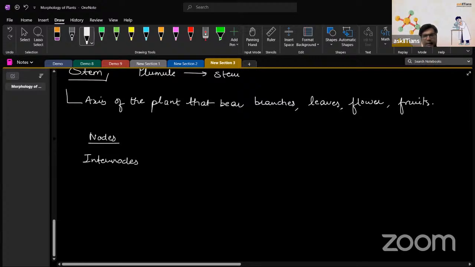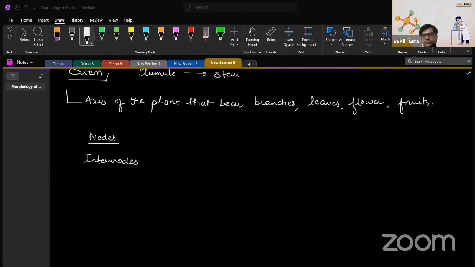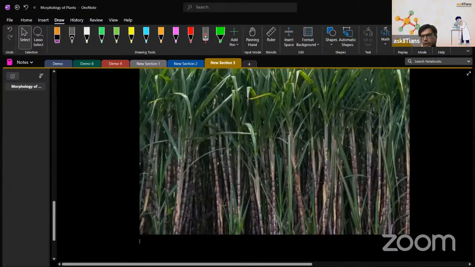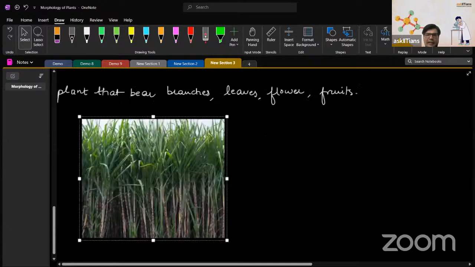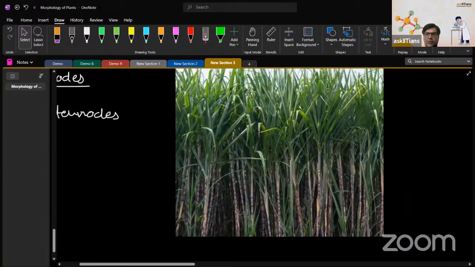If you guys have seen a sugar cane, let me find a picture of a sugar cane. Okay, this one is good enough. That's a pretty big picture. We need this picture to be a bit smaller. Yes, something like that. As you can see, this is a sugarcane field, and we don't need the whole field. We need one.